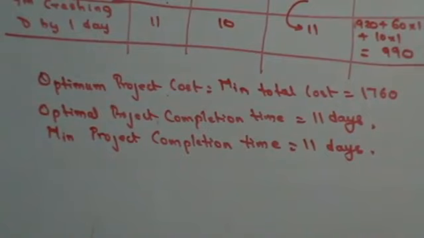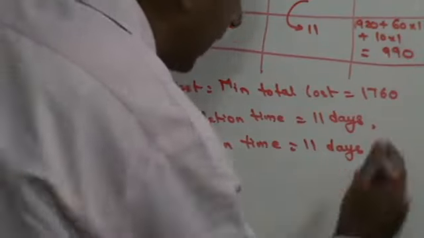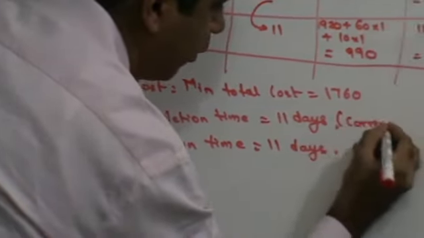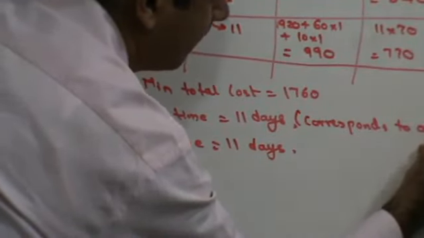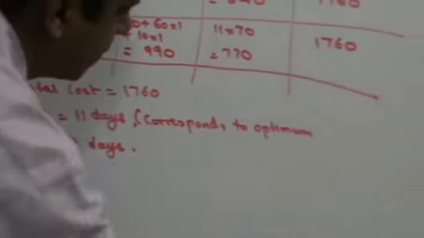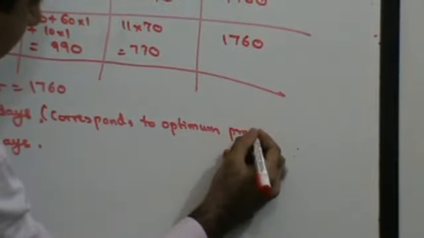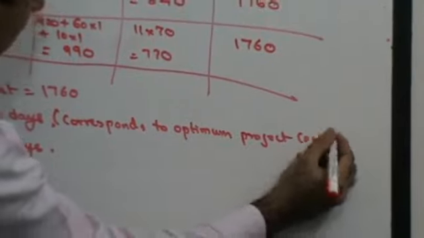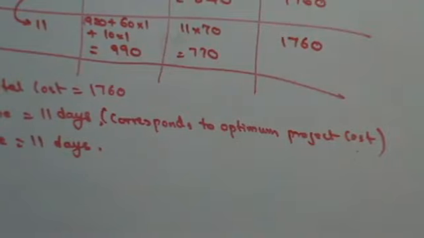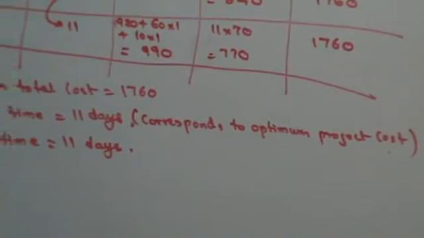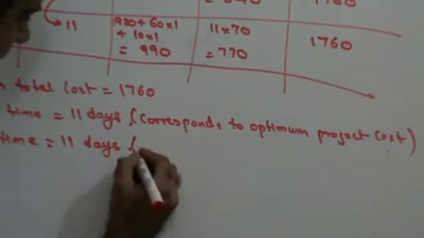Optimum project completion time is that time which corresponds to optimum project cost, and minimum project completion time is the time at which the crashing process ends.